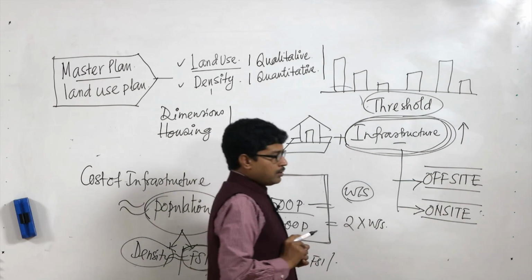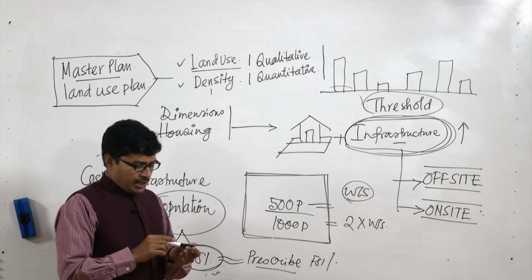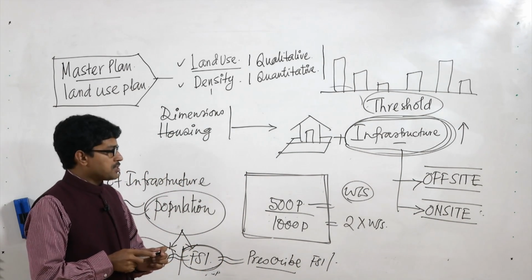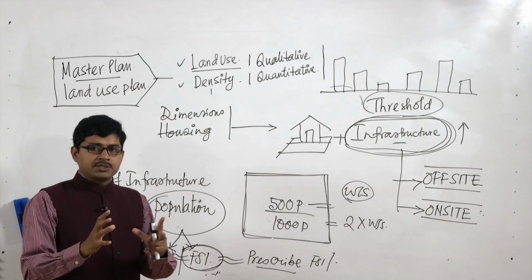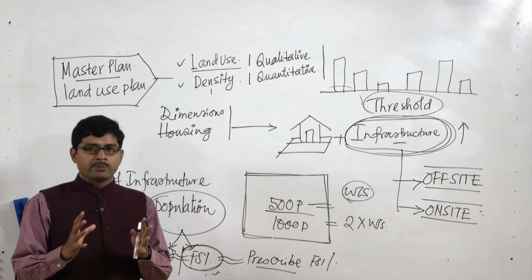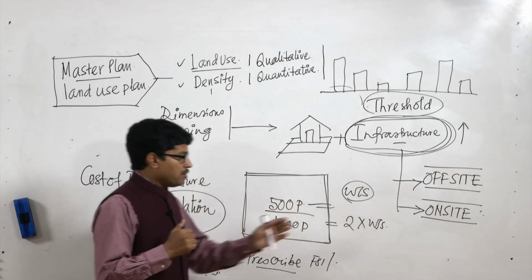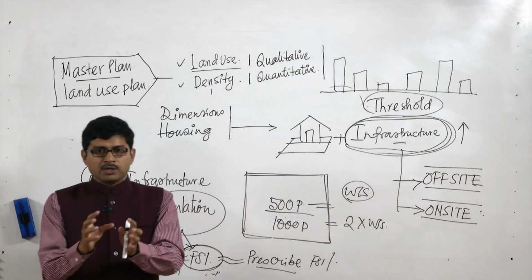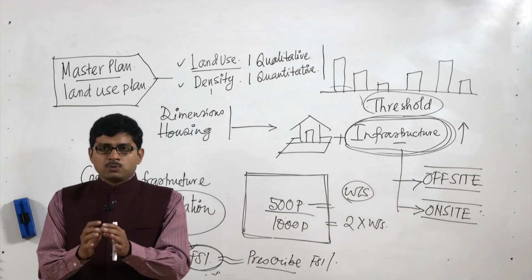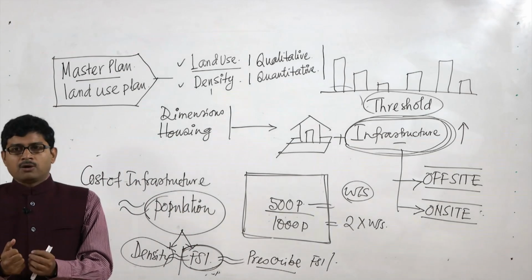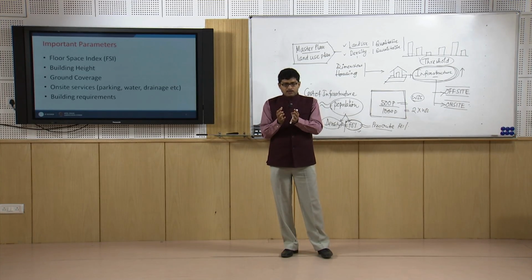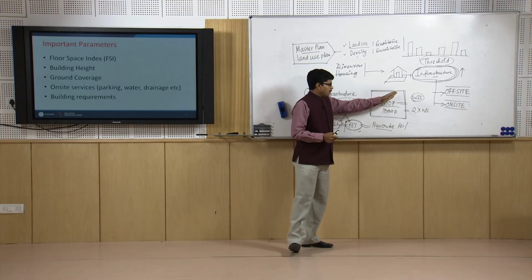For example, in a city or any township, the off-site infrastructures are the centralized large infrastructure which is shared by all the population of the city or the township. But the on-site infrastructure is the specific few infrastructure which is built within a site, which is used by the population enjoying that particular plot.